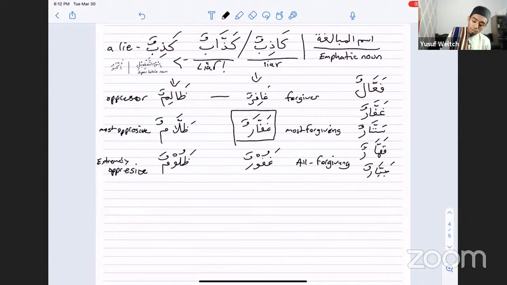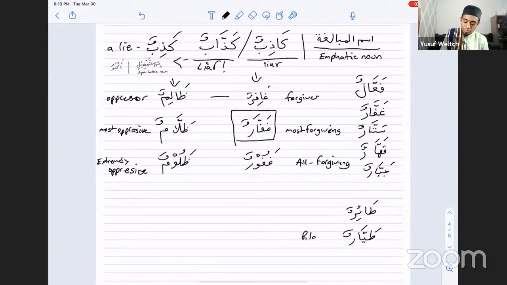So if you are a pilot, ta'ir is a plane, or anything that flies, something that flies. Tayyar is a pilot. Sayyad is a fisherman. Tabbakh is a chef.